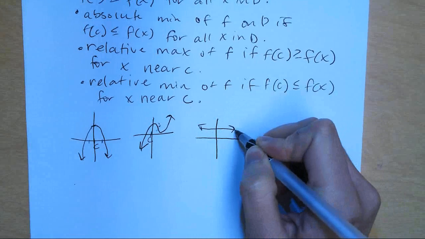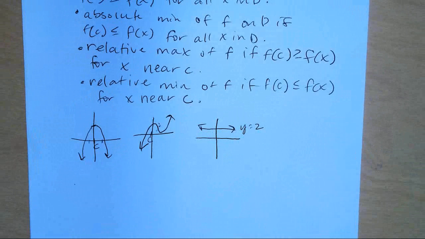Okay, we also talked about this on one of the previous tests. What if I have this function like y equals 2? Does it have an absolute max? Does it have a highest y value?